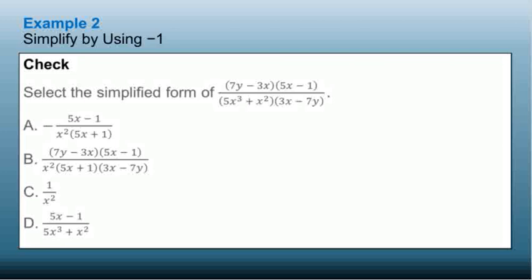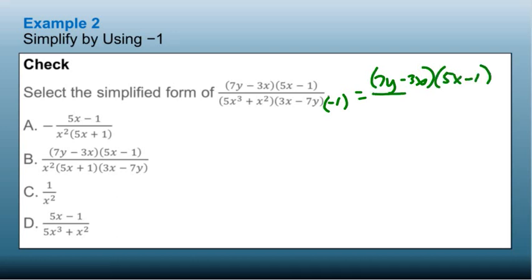Next, simplify this one. I have a 7y and a 3x. They look similar. I need to have a minus 3x. So if I factor out a negative 1 here, this is going to give me a 7y minus 3x times 5x minus 1 all over 5.